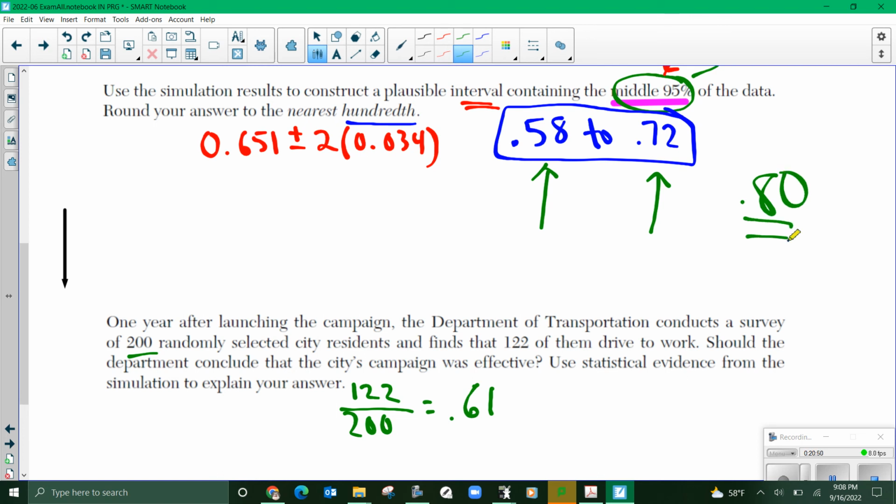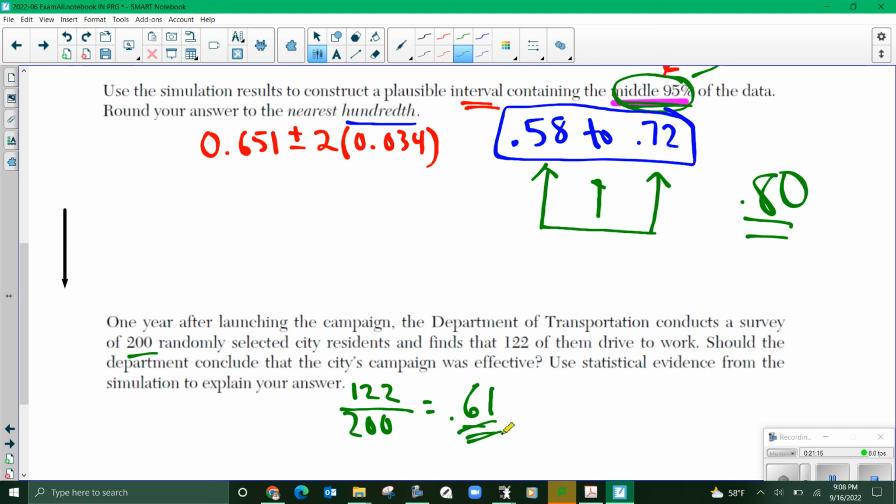That says, wow, this is a difference we just made. But anything that falls in this interval, we've made no difference whatsoever because it's expected. 95% of people are in, that's why it's called the middle 95%. That's the common occurrence. So 0.61 is absolutely in between these numbers. So they didn't do anything out of the norm.